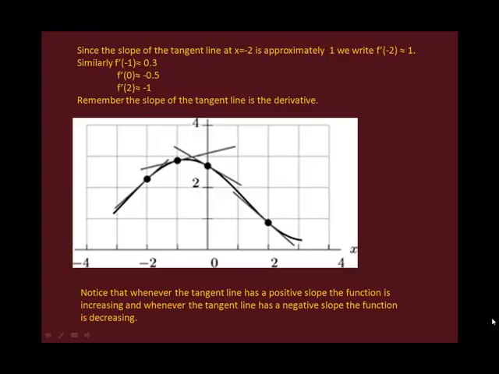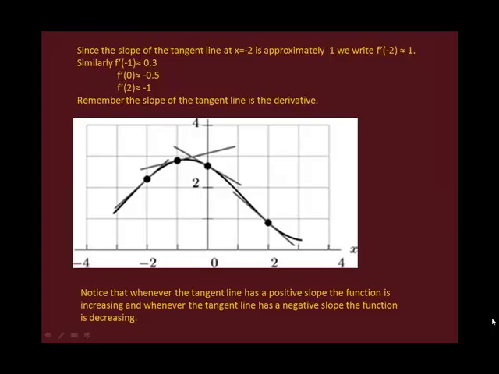Similarly, we can look at other points on here. So when we go to x equals -1 and we estimate the slope of that tangent line, I found it to be approximately 0.3. So that means f prime at -1 is approximately 0.3. When I went to the point x equals 0, I went up, drew my tangent line, and now you can see that it's negatively sloped, so I estimated that slope to be approximately -0.5.